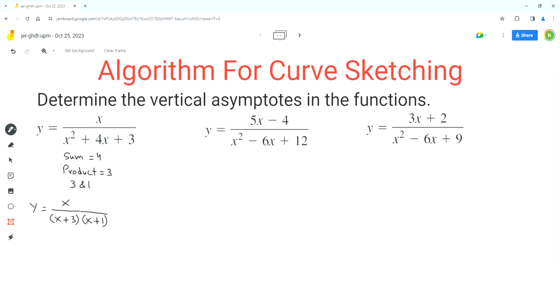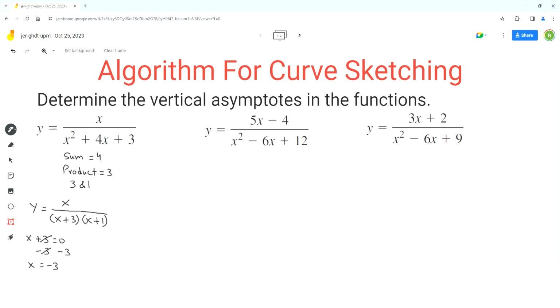So now we'll have to set each of these two factors equal to 0 and solve for x. We can solve for x by subtracting 3 from both sides. So the 3's on the left side get cancelled out, and we get x equals -3.